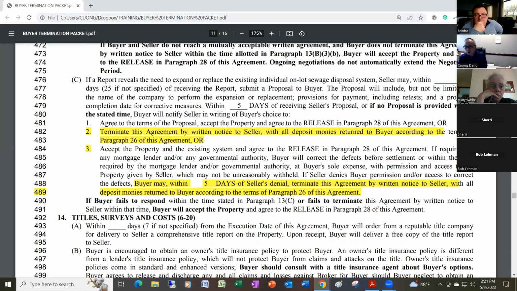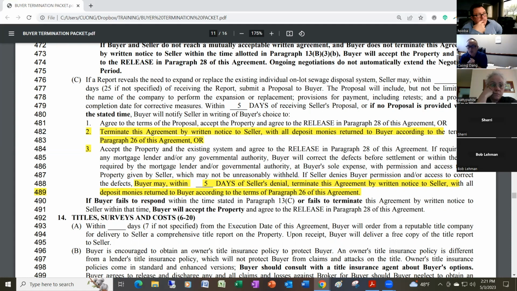What paragraph 3 here is stating is if the seller doesn't allow you access to make that repair, okay, and they send it to you in an email or whatever day they send it, under where I have it highlighted, buyer may within 5 days of seller's denial, okay, for access, terminate this agreement by written notice to seller.